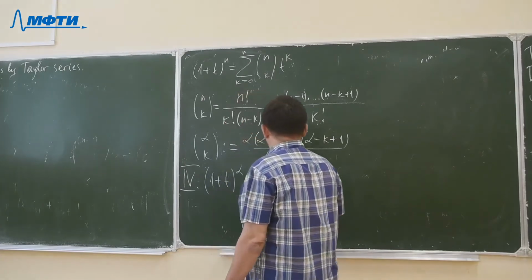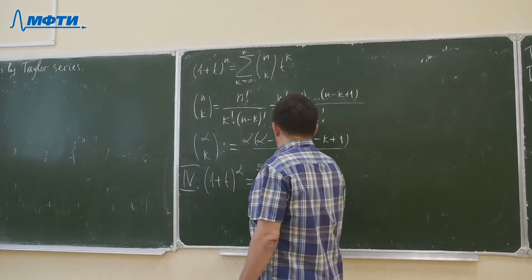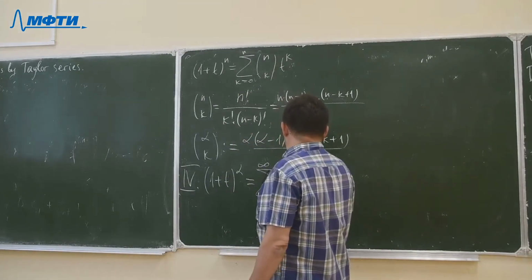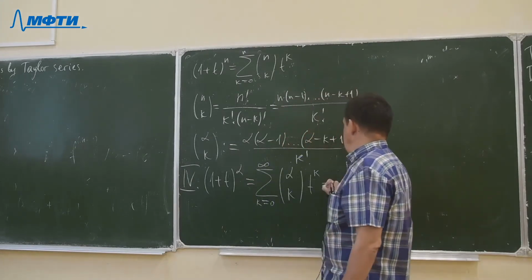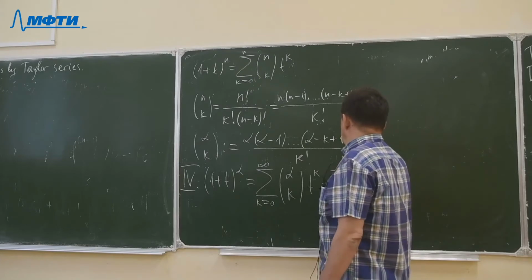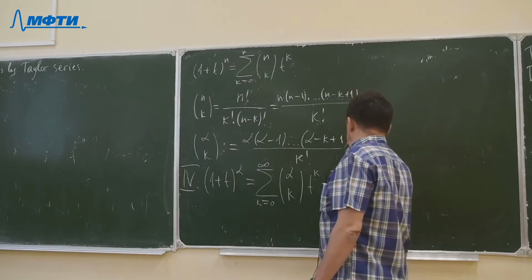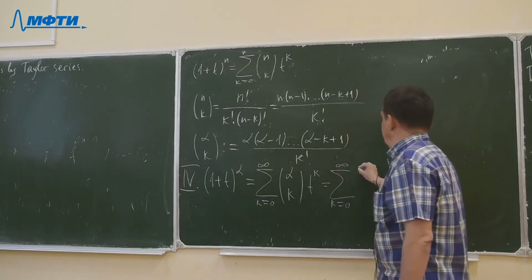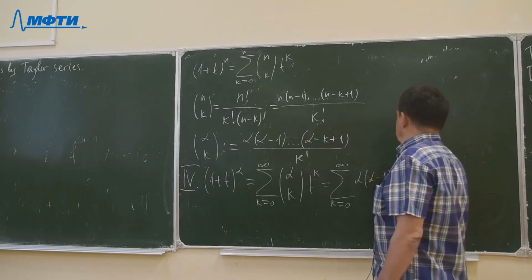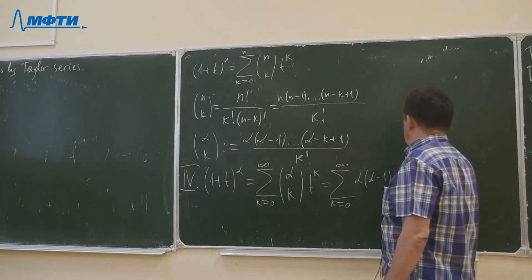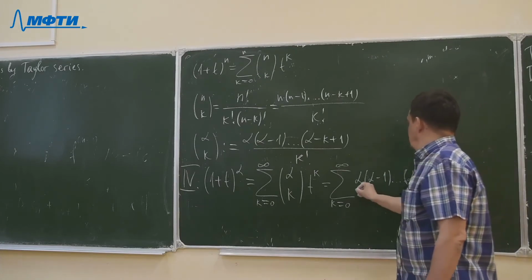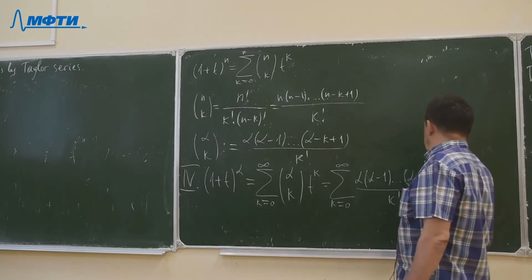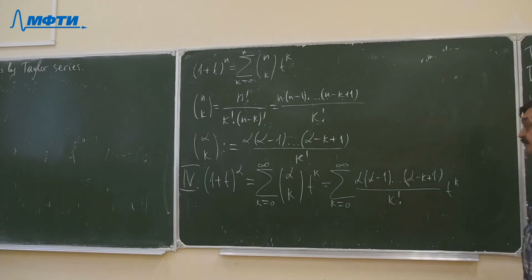of alpha choose k times t to the power k, or if you want, I can write explicitly alpha times alpha minus 1, and so on, alpha minus k plus 1, over k factorial times t to the power k.